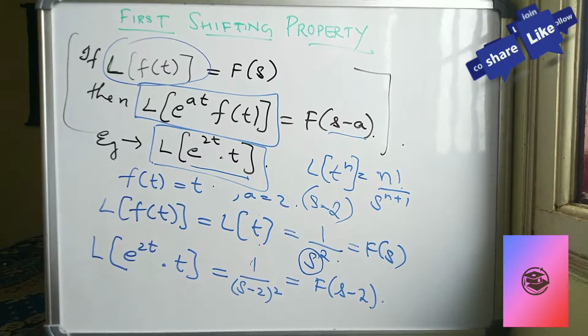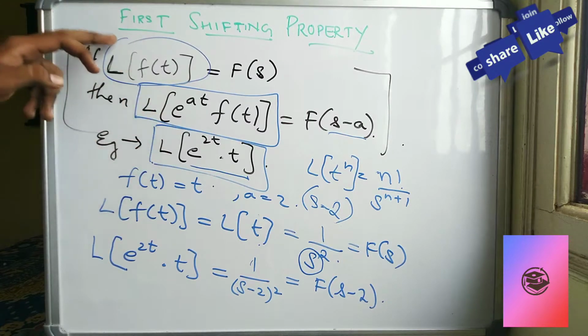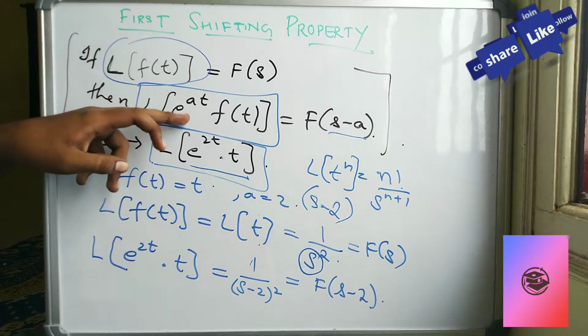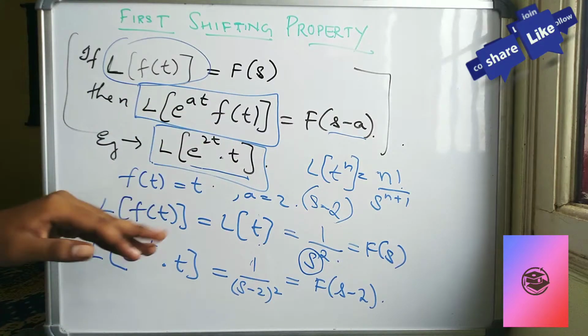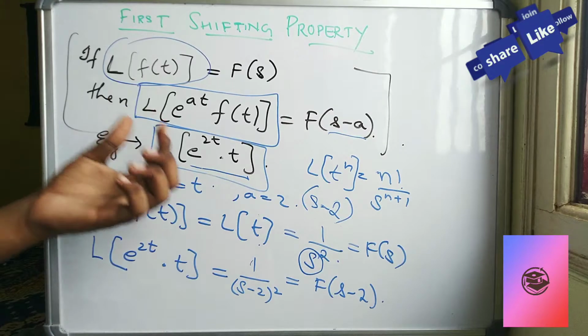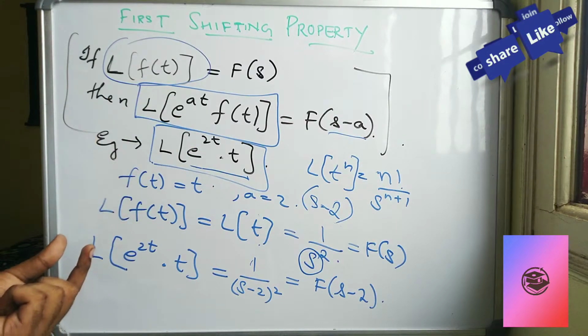We can say s minus a. So try to analyze this. First thing you have to remember is that you first have to compare this with this, not this with this. Laplace transform of e power at into some function, that is f of t. So first you have to find f of t, then a we know, then the Laplace transform of that function you have to find.